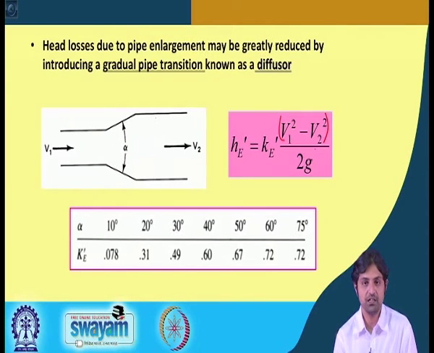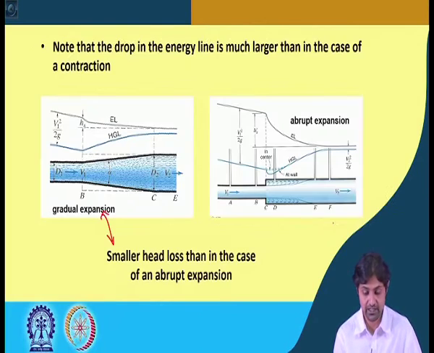You will be provided with those values if some question comes for the gradual pipe transition, gradual contraction or gradual expansion. But you have to remember for the scenarios like this.